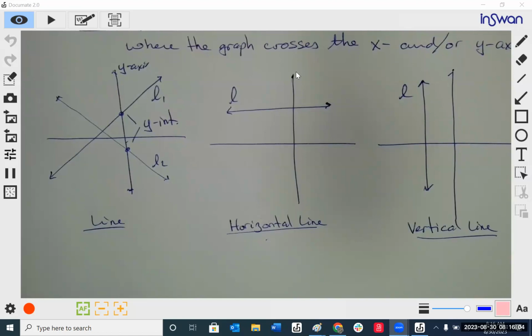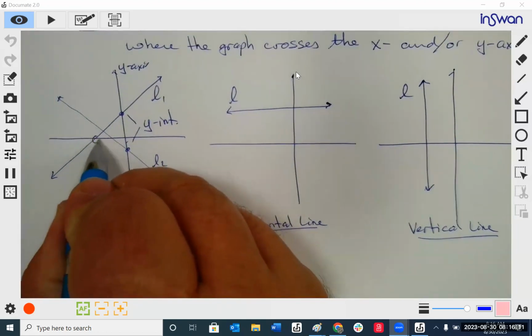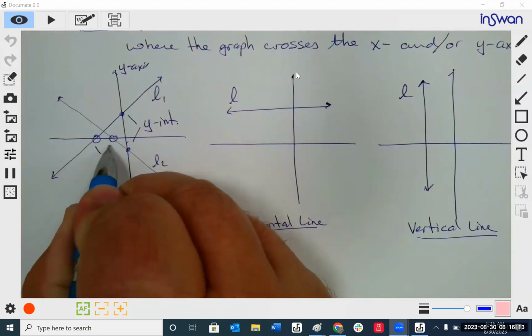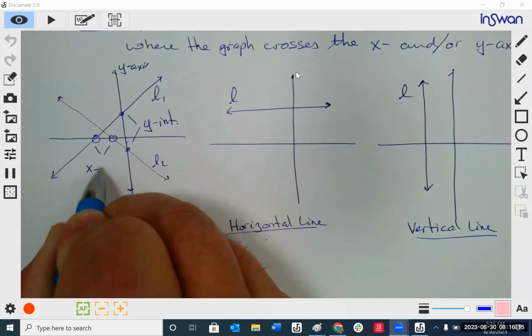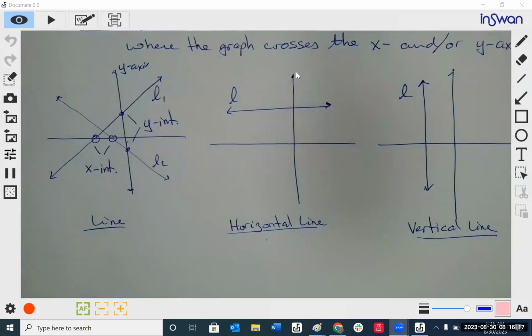The y-intercept is where the graph crosses the y-axis. And then these 2 points are your x-intercepts. It's where it crosses the x-axis.